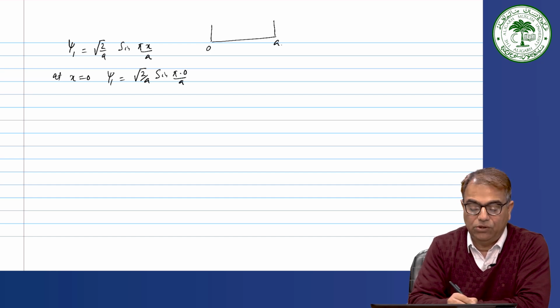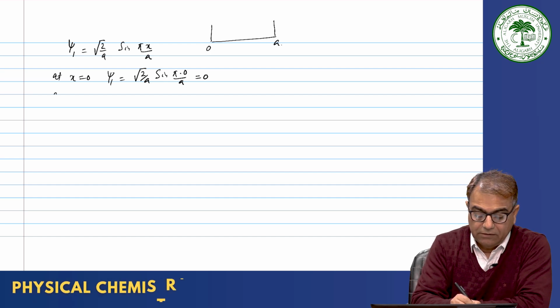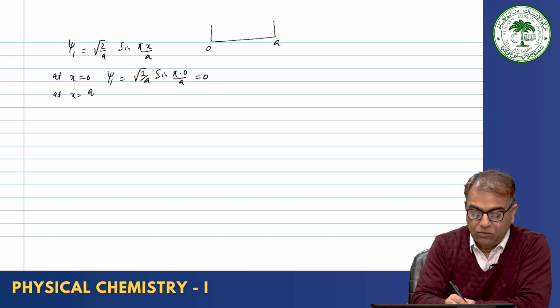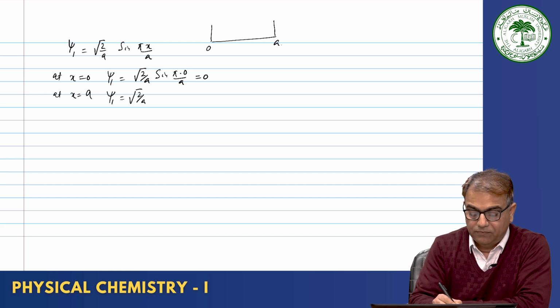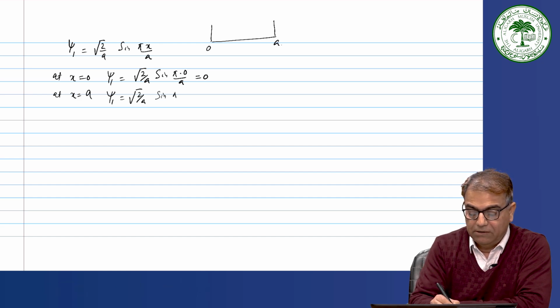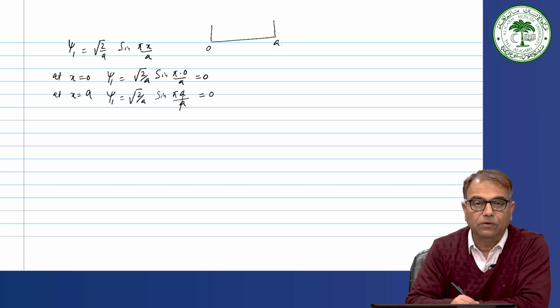So sin 0 will be 0 and the wave function will be 0. At x equal to a, ψ1 will be root 2 by a sin π, and again sin π is 0, so it will be 0.